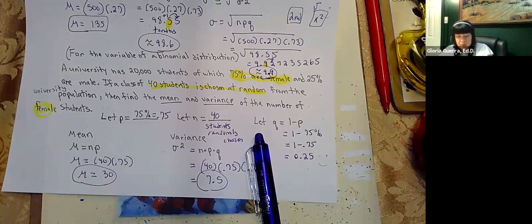I think on one of the other problems, cents on one of your tests, you had cents squared, right? This one we don't have any units given, so we will just leave it at 7.5. We won't have to put female squared, because it's not a unit.